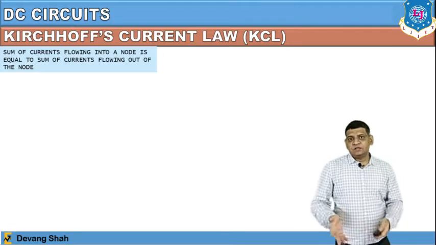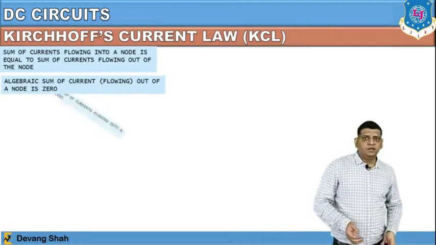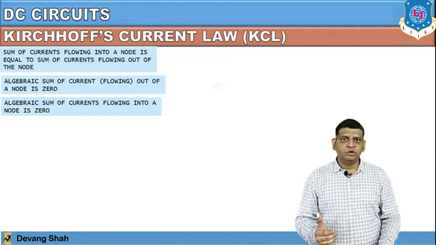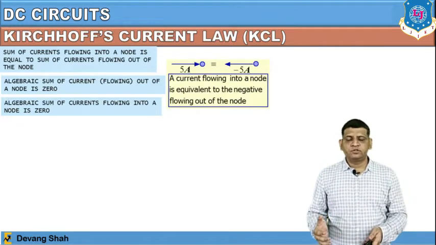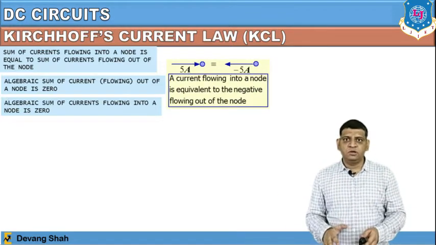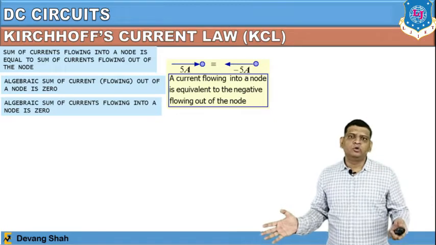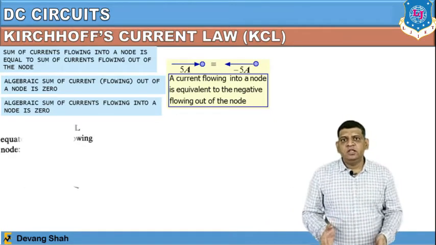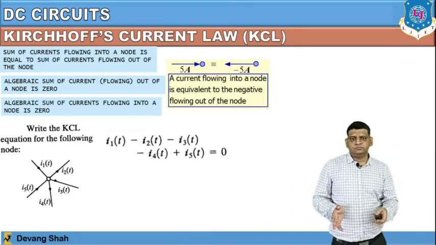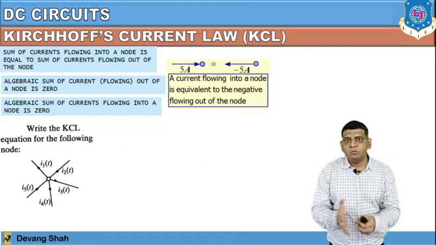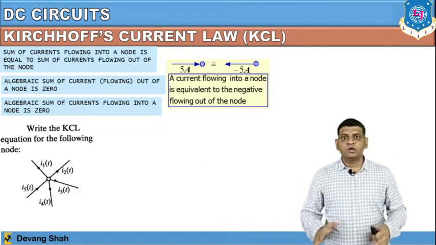So what this law says, you can identify one of the nodes, and at that particular node, some currents are entering and some currents are leaving. So here you define that the sum of entering current is equal to the sum of outgoing current.